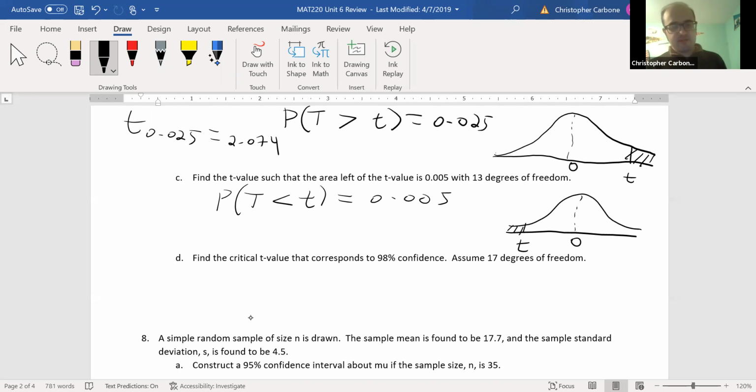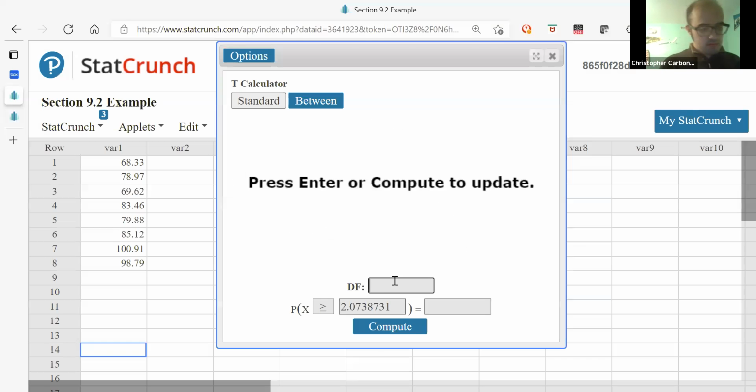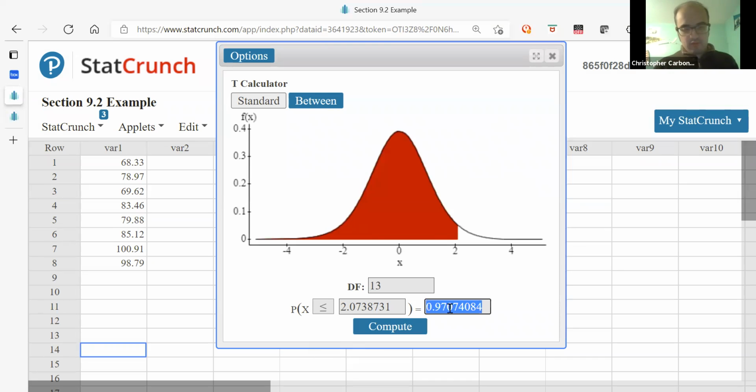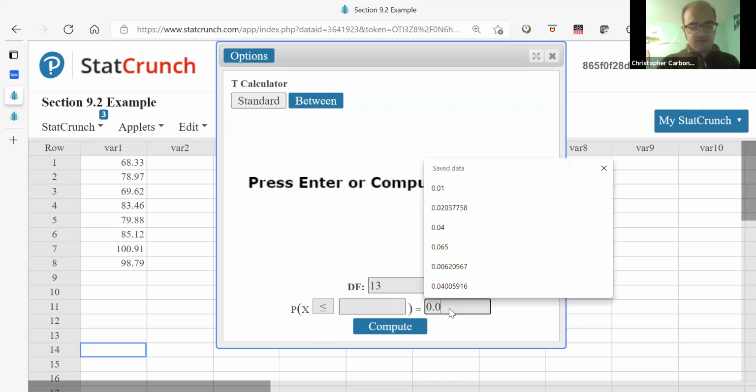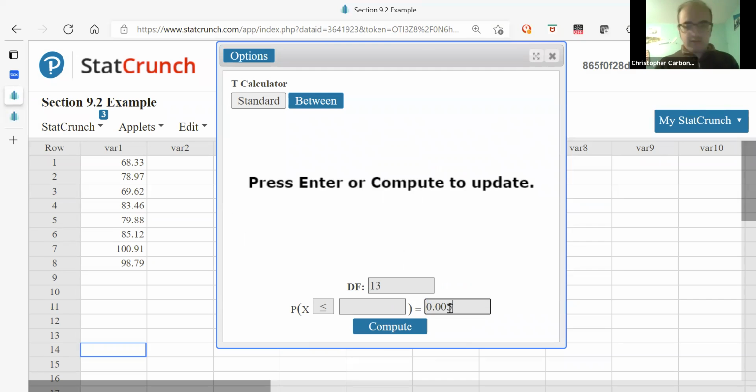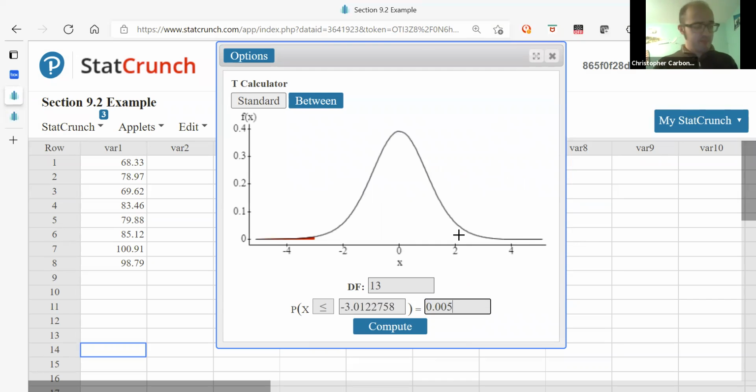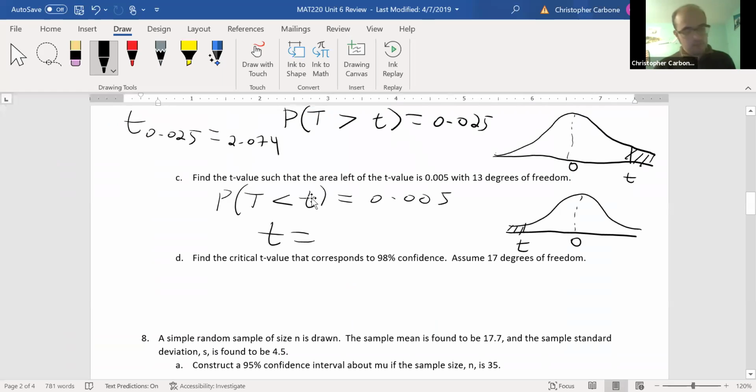Again, 13 degrees of freedom, the area below 0.005. This would give us about negative 3.012 in this case.